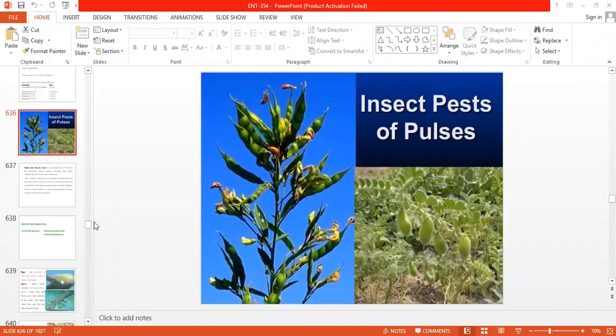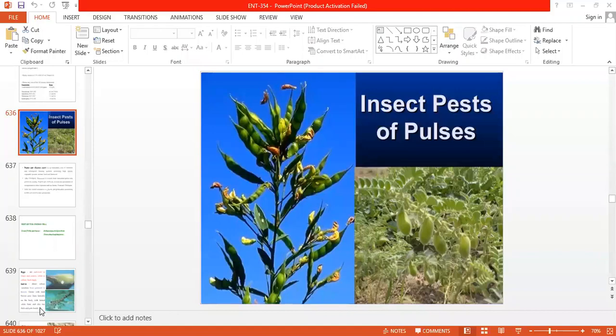Which are the pulse crops? Kajan's kajan, red gram, tur, moog, udid. Then gram.